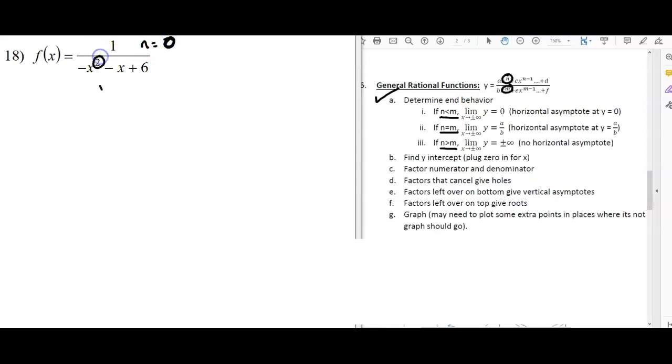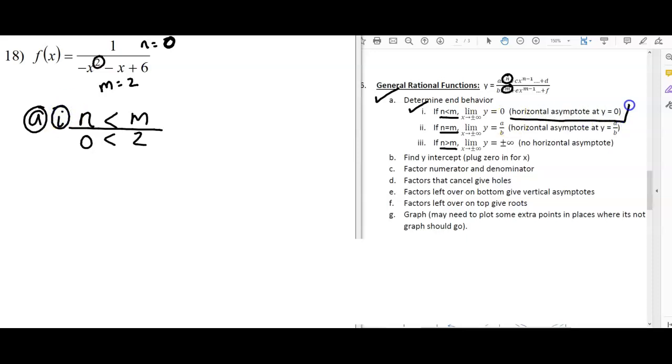On this one, my m equals 2. So as you guys can see, for part A, n is less than m because 0 is less than 2. All right? So that means we're going to be going with option I here. And whenever you have option I, we have a horizontal asymptote at y equals 0.